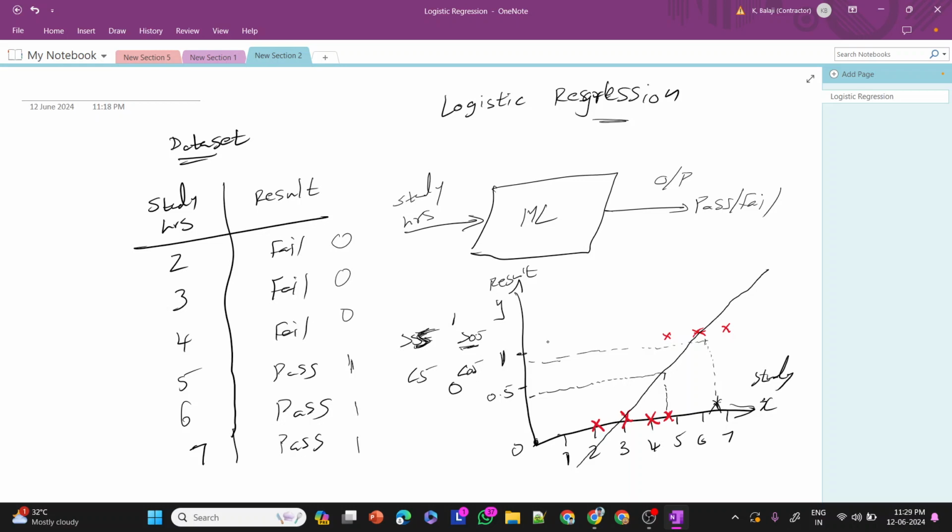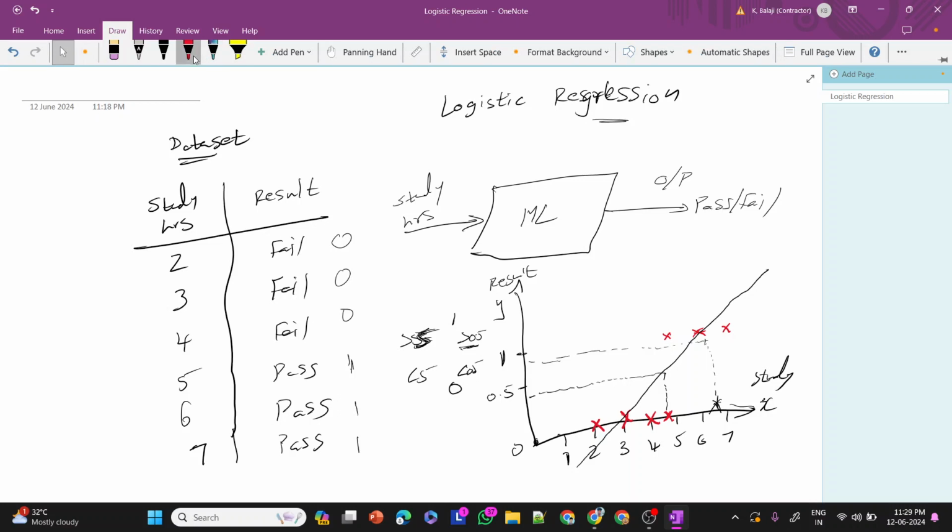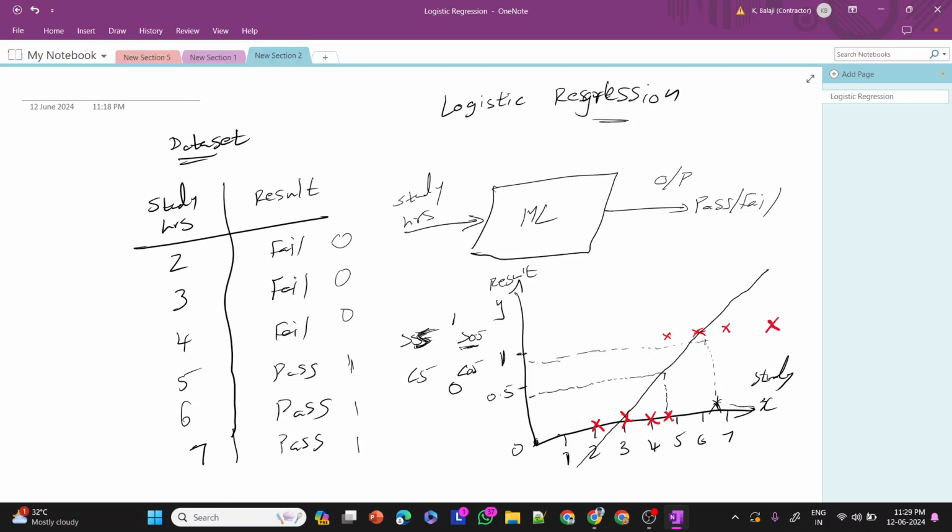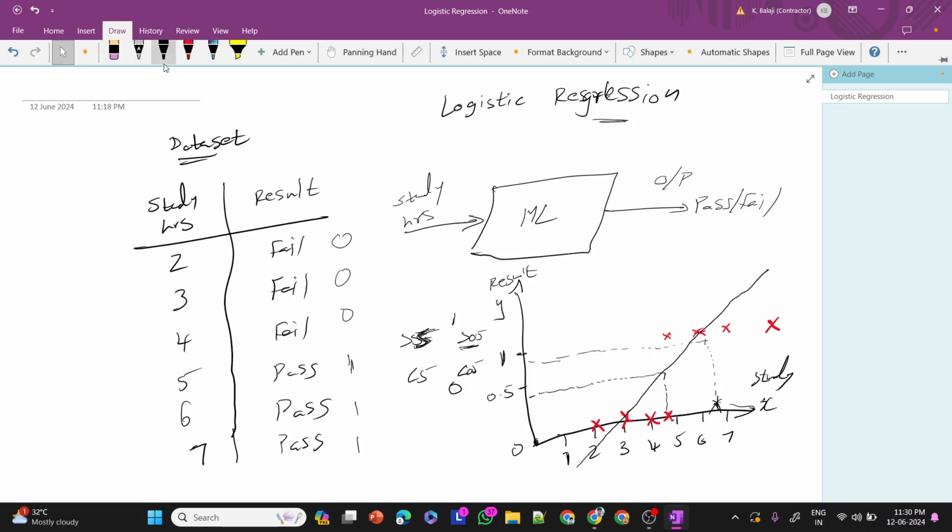But what if this data has an outlier? Let's take a data point present here. Because of this, linear regression tries to find a line that has minimal error, so it tries to move the line like this.